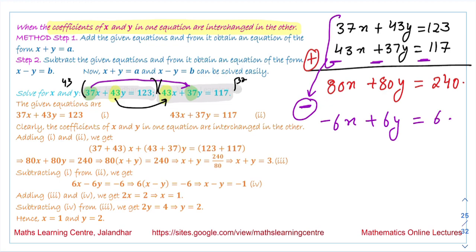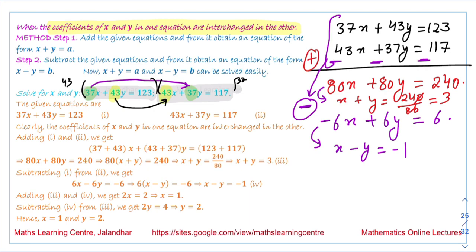So looking at this equation, it is x minus y is equal to minus 1. Looking at the other equation, it is x plus y equal to 240 by 80, and the answer we have is 3. The 0 gets cancelled, 3.